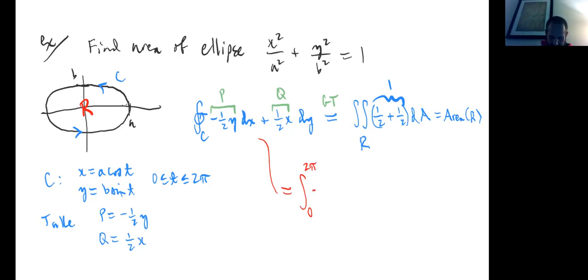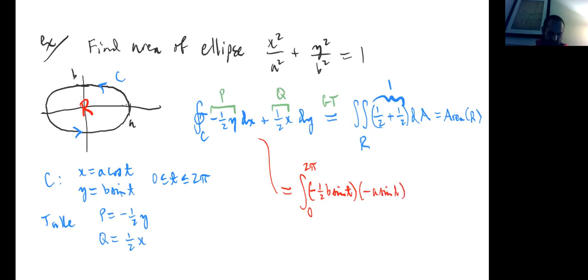So this is -1/2. What's y? Y is b sine of t. So -1/2 b sine of t. What's dx? Well, x is equal to a cosine of t, so dx is -a sine of t.